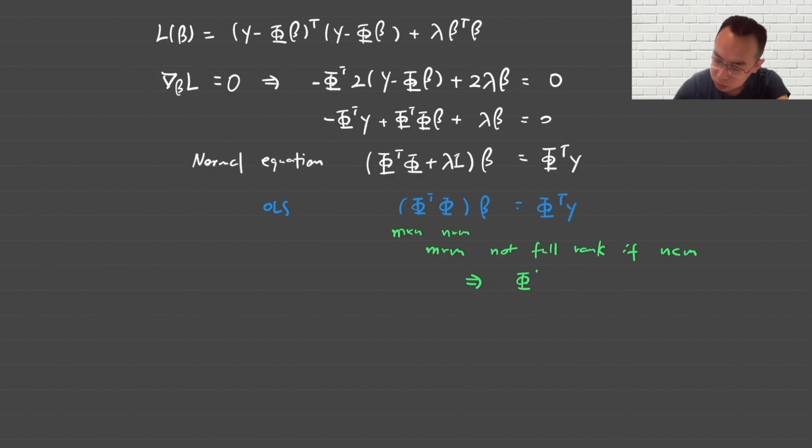But in terms of the geometry, it means that there are more unknowns than the number of equations when we want to solve this linear system. This is the case when the system does not have a unique solution. I can say there are infinitely many solutions to the linear system.